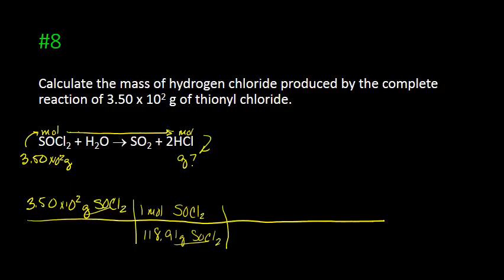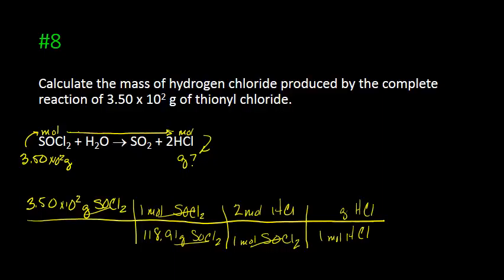And according to the balanced equation, we have 1 mole of SOCl2 for 2 moles of HCl. And those cancel. And 1 mole of HCl has how many grams of HCl? That gives us 36.46 grams.